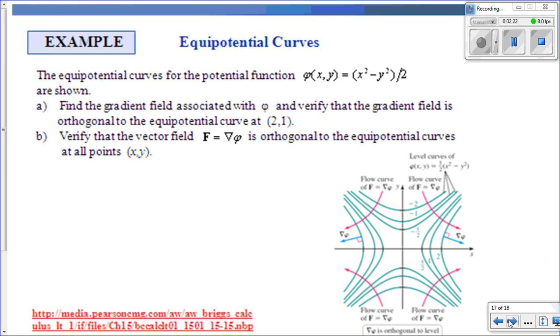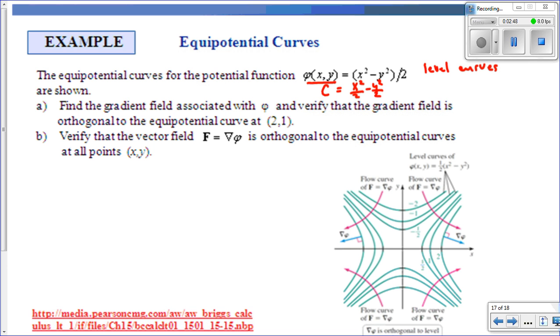Okay, so let's look at a specific function. Equipotential curves for this potential function are shown in this graph. Now, if we were to find the equipotential functions, which are just the level curves, we let a constant value be in place of the phi. So if I use the letter c to represent that constant value, I get x squared over 2 minus y squared over 2 equal to c.